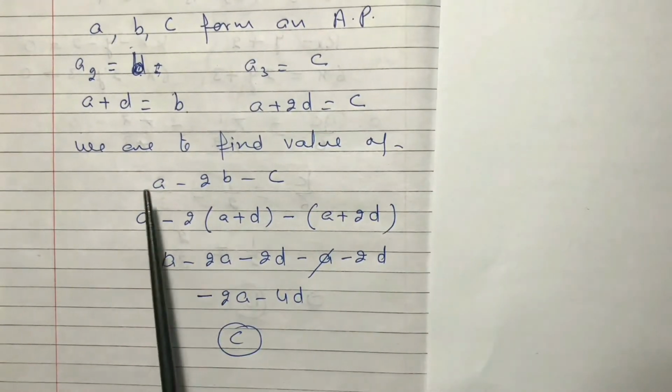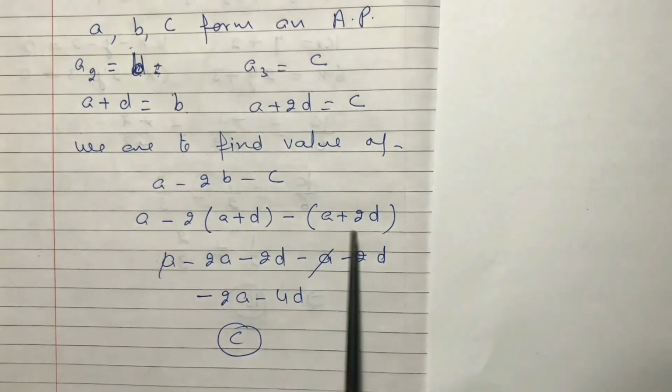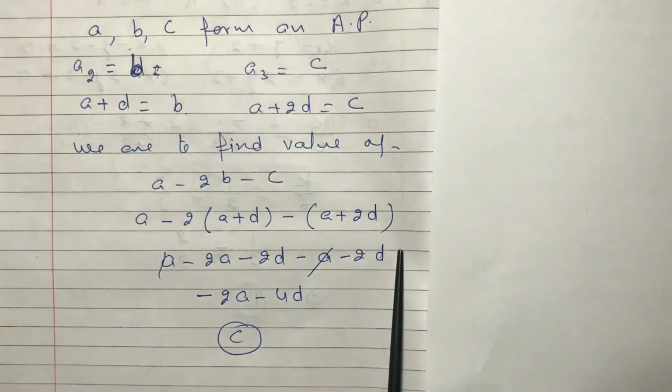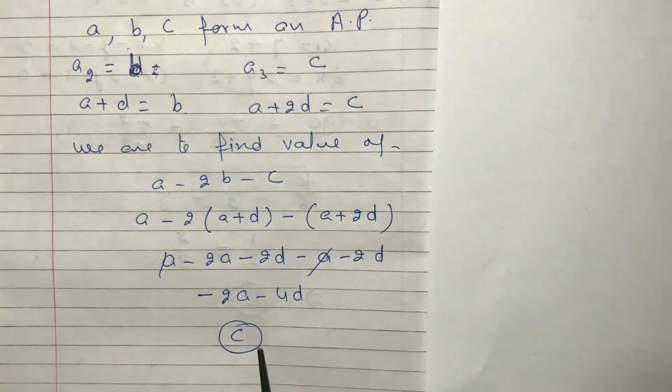Instead of A, it is A. Instead of B, write A plus D. Instead of C, write A plus 2D. Solve this, you will get minus 2A minus 4D. That is C is the option.